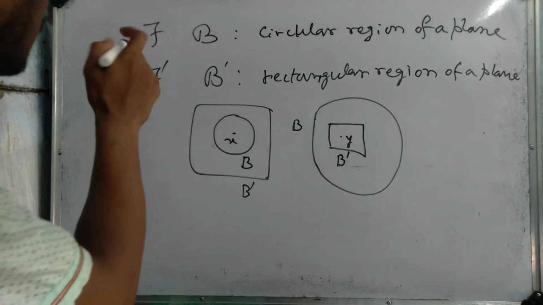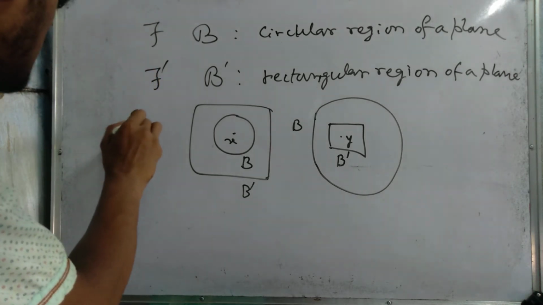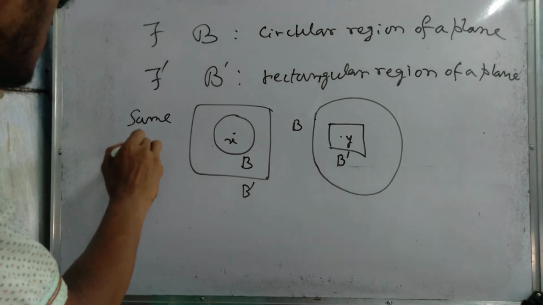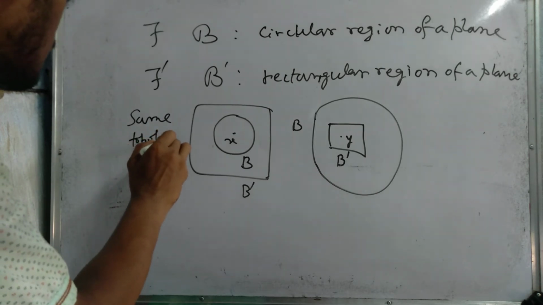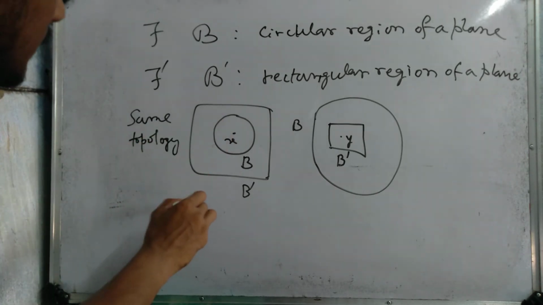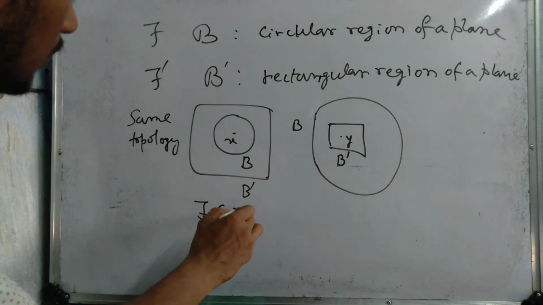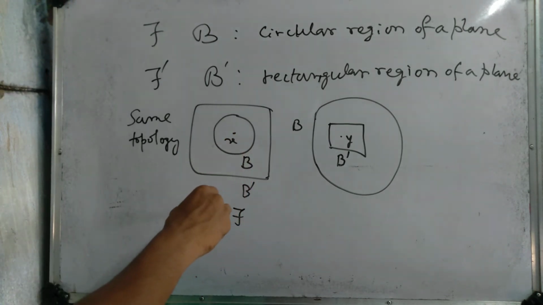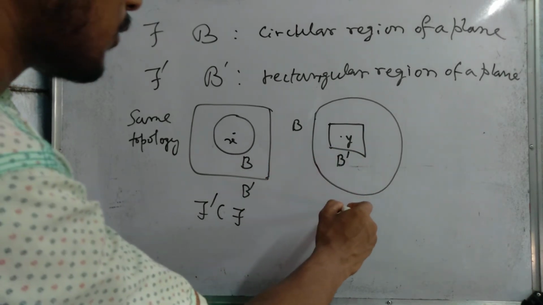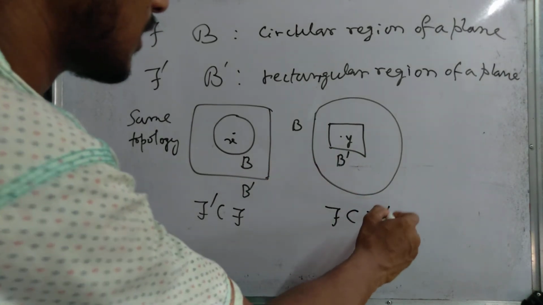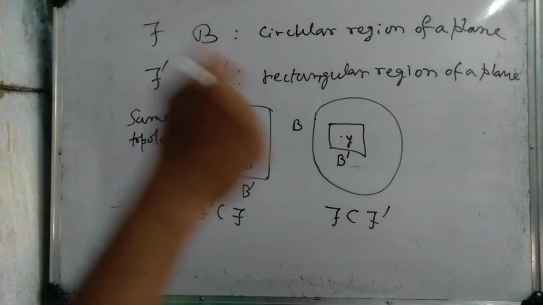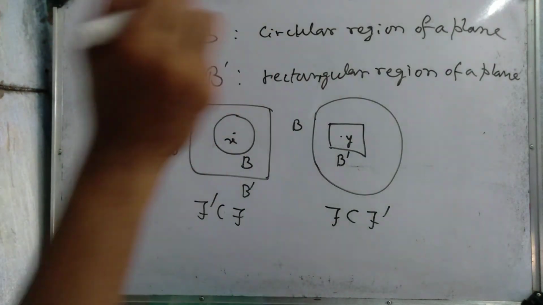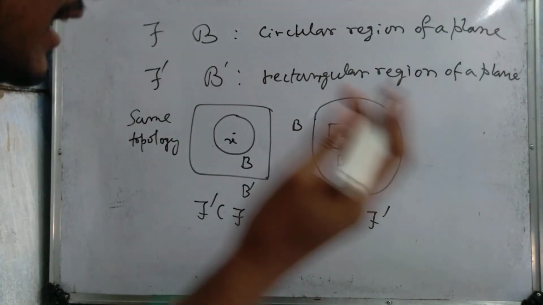We find tau is a subset of tau dash, that means tau dash is finer than tau.